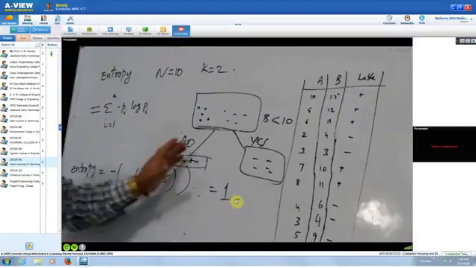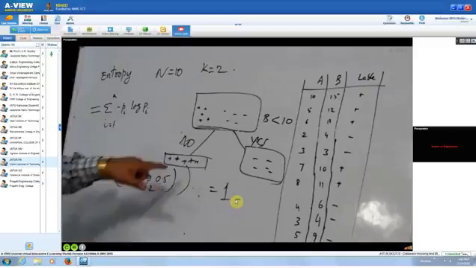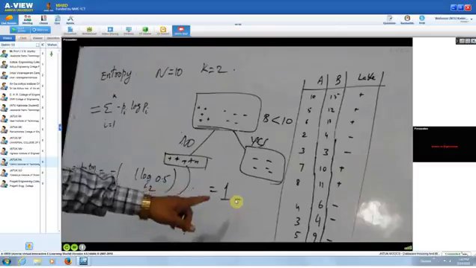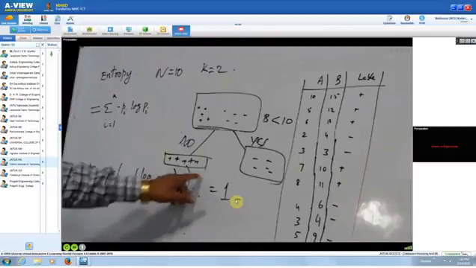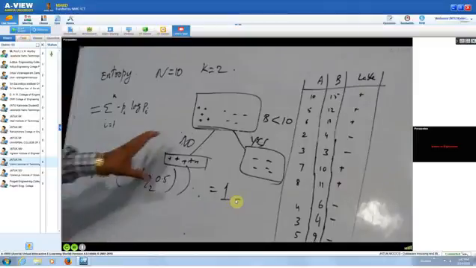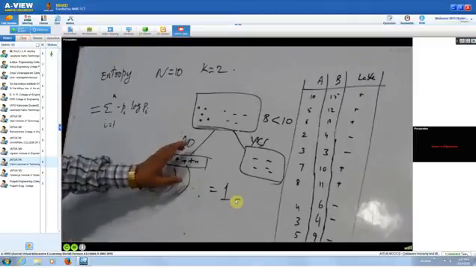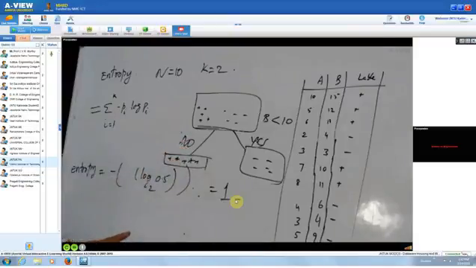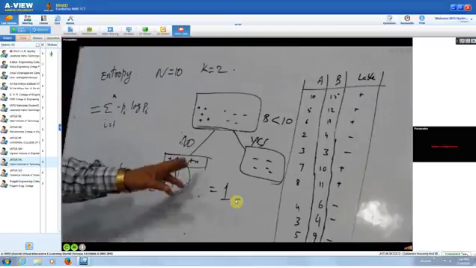Now, when you have this kind of good classification, what is the entropy here? What is the probability of the plus class here? 1. What is the probability of the minus class in this split? 0. Now if you apply the condition for this portion, what is the disorder here? 0, because log 1 is 0, and 0 times anything is 0.